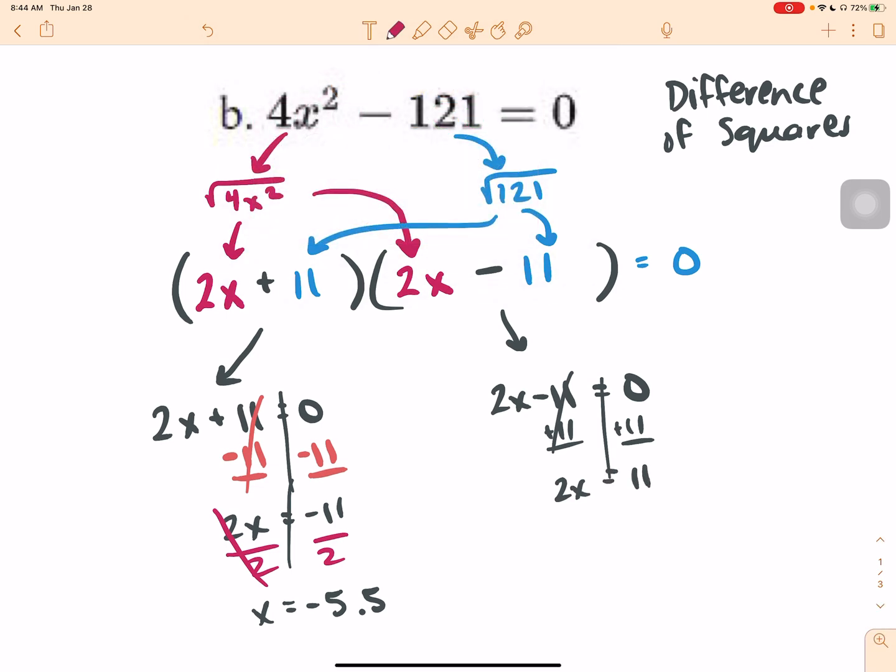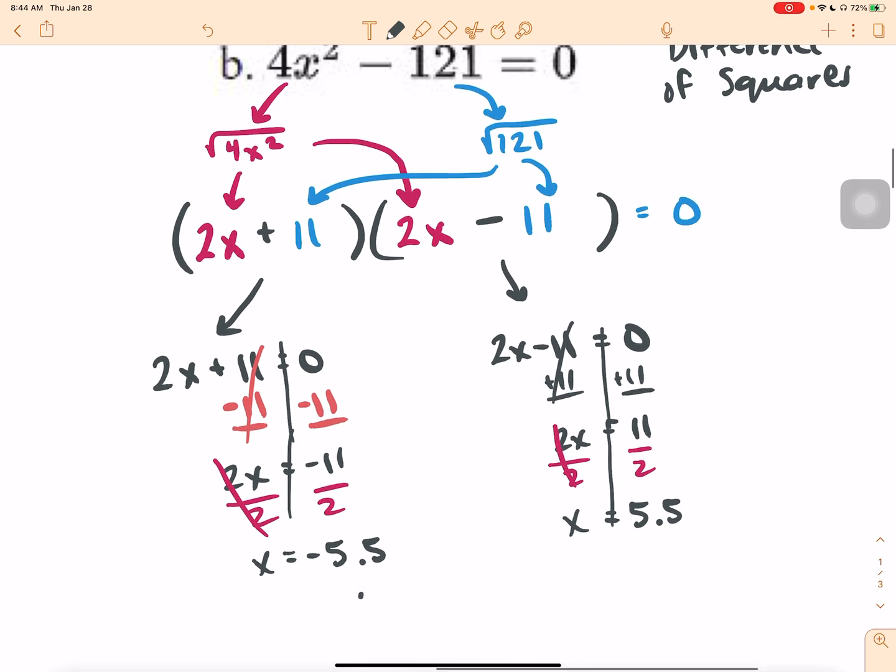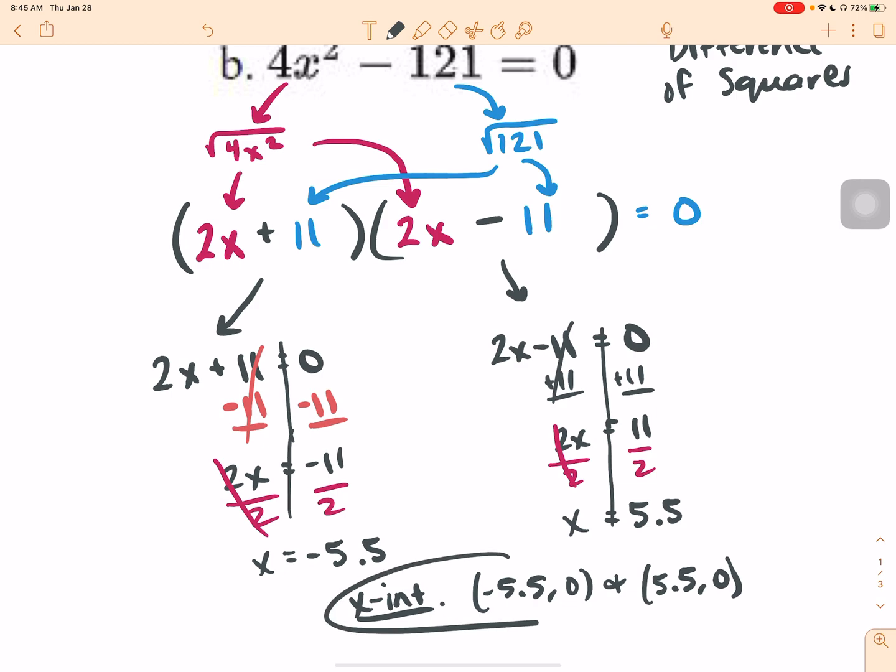Forgot to switch up my colors. Divide both sides by 2. x equals positive 5.5. So your x-intercepts are negative 5.5, 0 and positive 5.5, 0. Okay, so those are your x-intercepts.